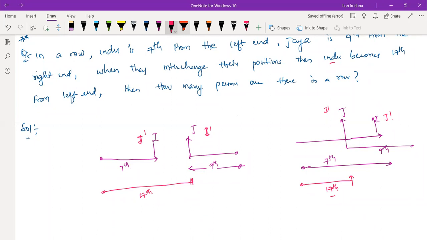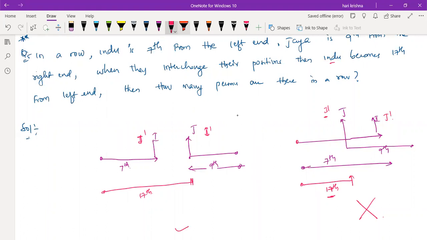At that time she is far away from the left hand. Again when you change the position, it cannot be 17th, it should be less than 7, since it is coming towards the left. So this condition is wrong. Understand now why it is wrong? Only this will be the correct one.